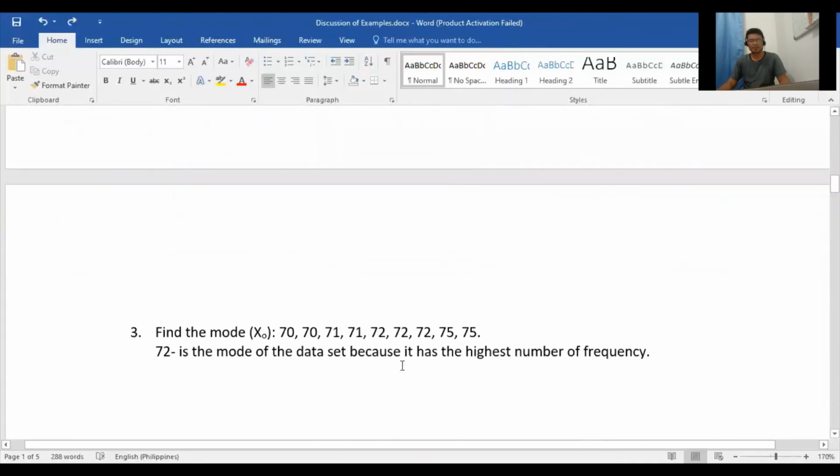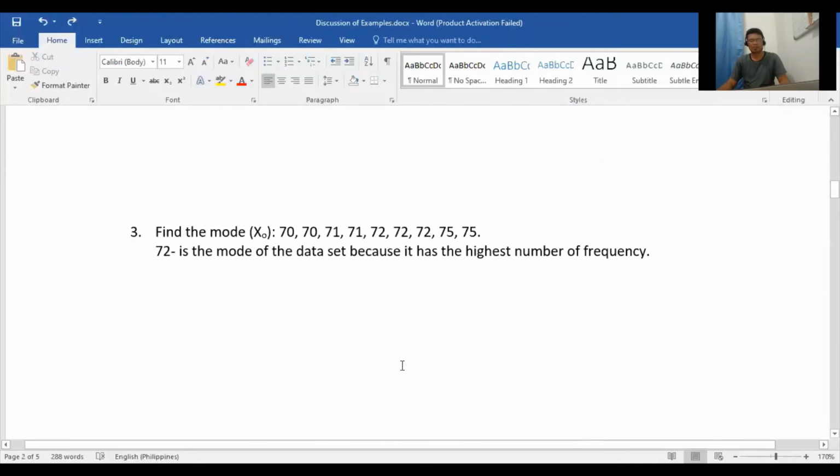And finally, we have the mode. The mode is the measurement or the data having the highest frequency, or it is the most popular measurement. Looking at the data here, we have 70, 71, 72, 75.